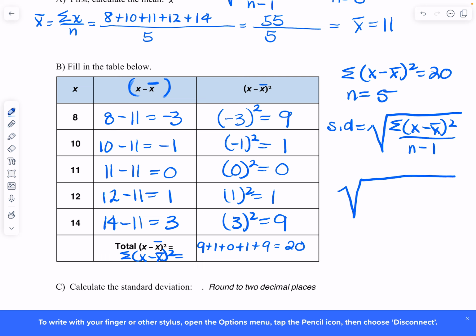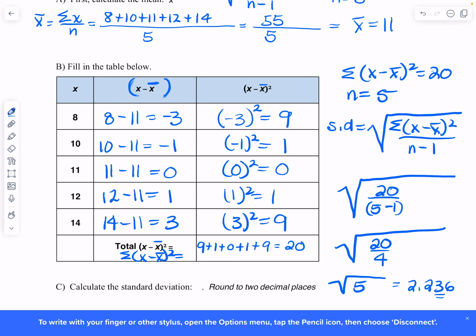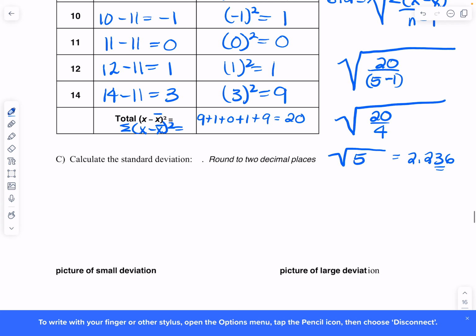I have the summation of x minus x bar squared, which is 20, and n is 5 minus 1. So 20 over 4, because 5 minus 1 is 4, equals the square root of 5. So let's figure out what the square root of 5 is. It equals 2.236. So again, I'm going to round to 2 decimal places. So standard deviation is 2.24.